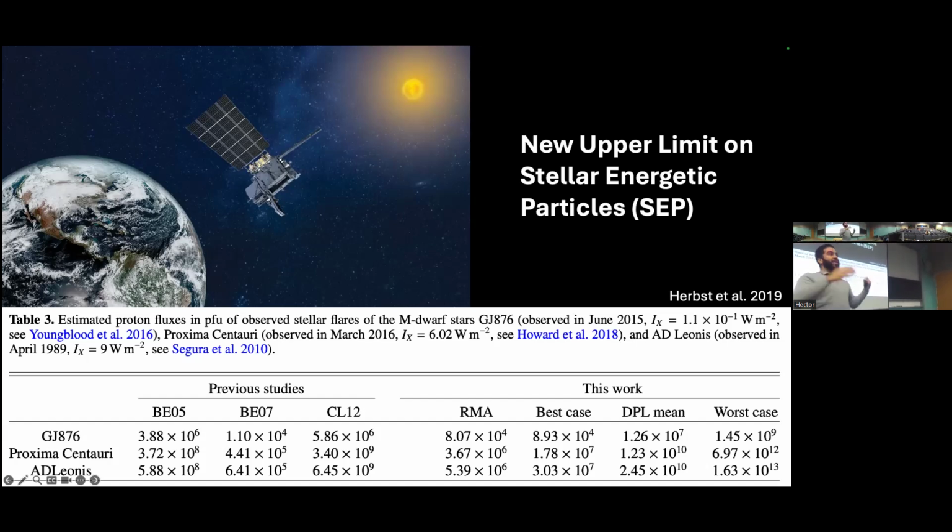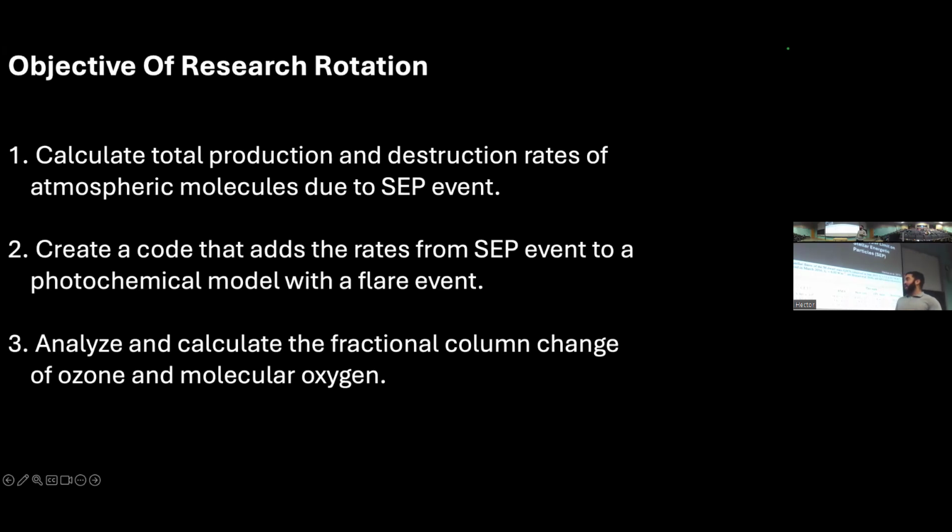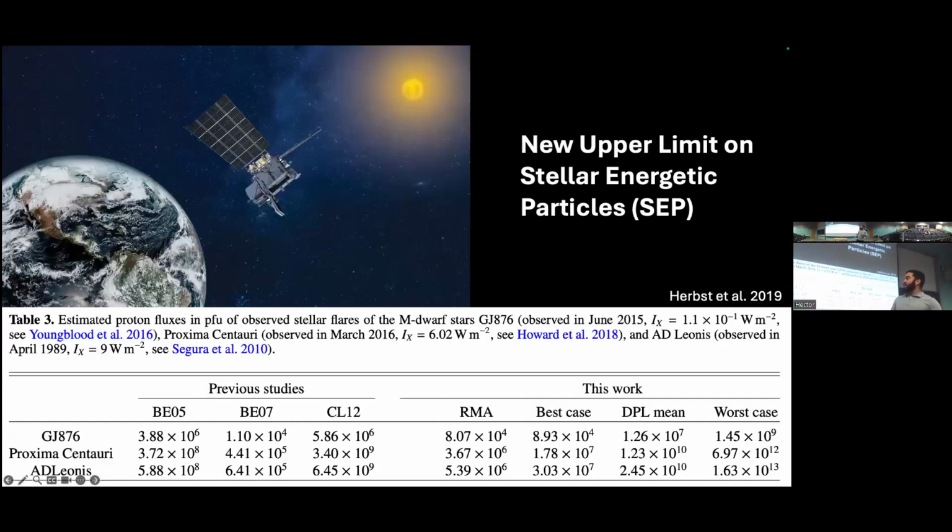That's an order of magnitude less than the one Segura used. And because these proton fluxes, the stellar energetic particles, are geometry dependent, the only way for a planet to be affected is if the particles reach the planet. Segura calculated an upper limit because they threw all the particles at the planet. So that upper limit needs to be recalculated, since we have an order of magnitude less.